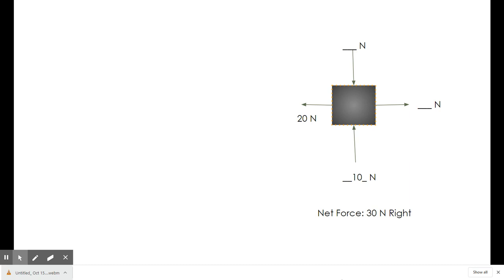It says we're trying to get the net force to be 30 newtons to the right, but we have up and down and side to side. So it's important that we work with opposite pairs. If we only want it to move to the right, we don't want it to move up and down, that tells us that we need our up and down forces to be balanced so it won't change moving up or down.